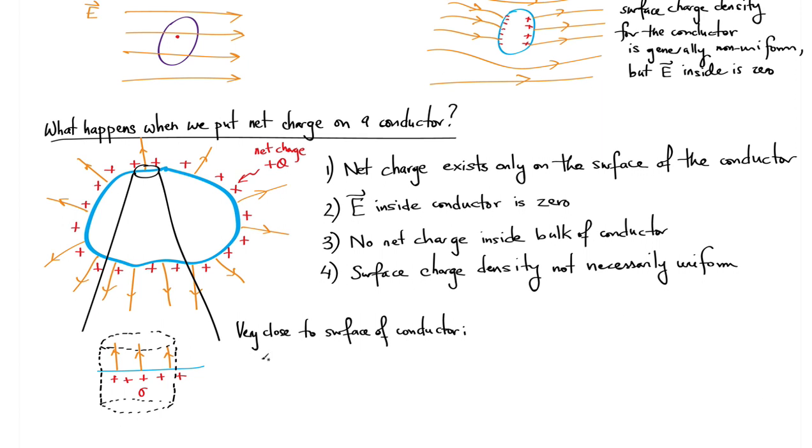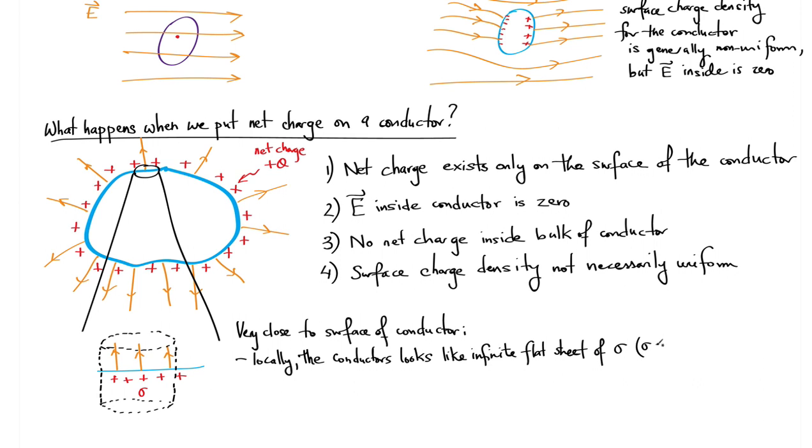I can basically define, so locally, the conductor looks like an infinite flat sheet of density, of surface density sigma.